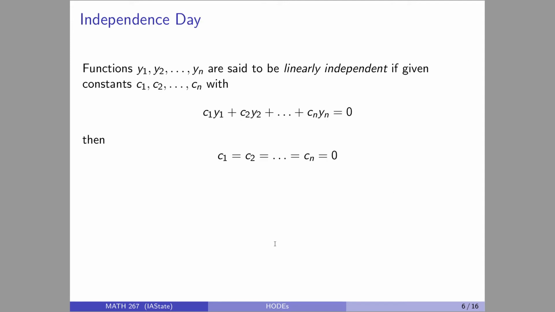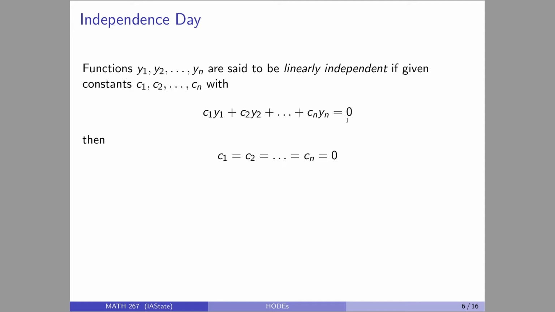So we're going to say that functions, any number of functions, are linearly independent if, given constants, the linear combination of them, so take them, scale them, and add them up, equals 0, the only way that could have happened is if all the scalars are 0. So in other words, the only way a trivial linear combination, a linear combination that gives me the 0 function, could have possibly happened is if all of the scalars were 0.